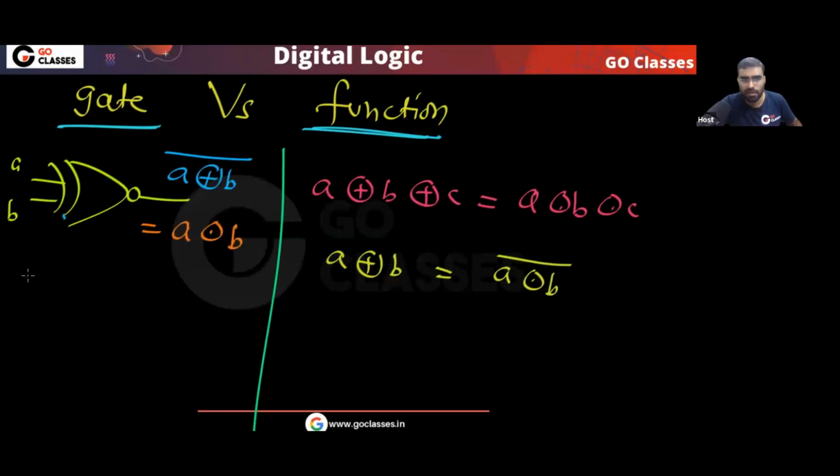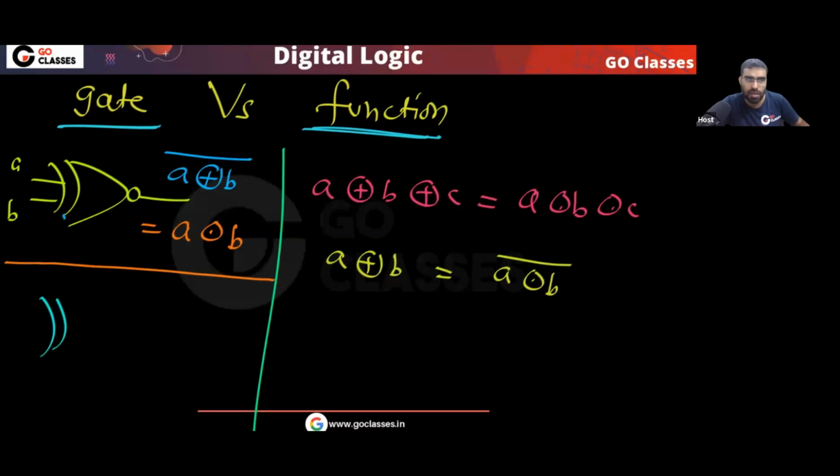Agree with me? Your output is XOR complement: first you take XOR, then you take complement. That will be same as A XNOR B. But this will not happen for three.